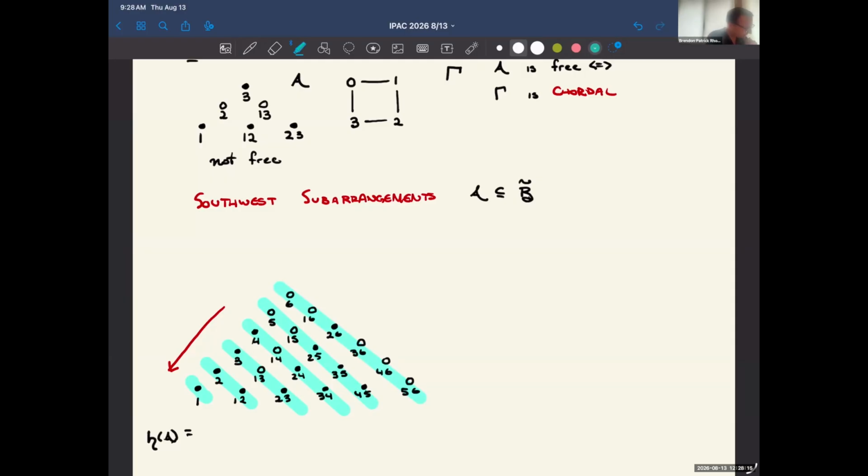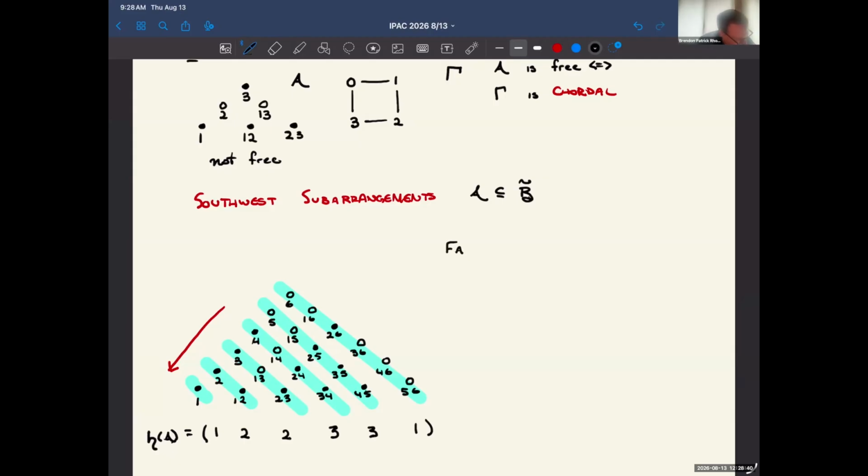And what we're going to do is just count up the number of black dots in these diagonals. So here I get 1, 2, 2, 3, 3, and 1. So this is the H sequence of my southwest arrangement.